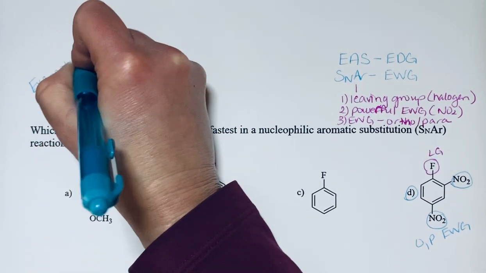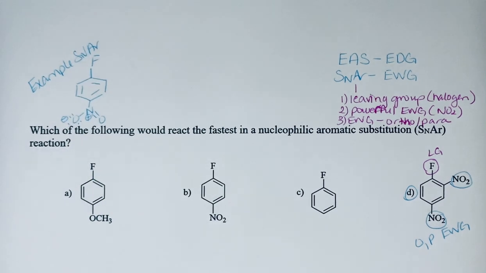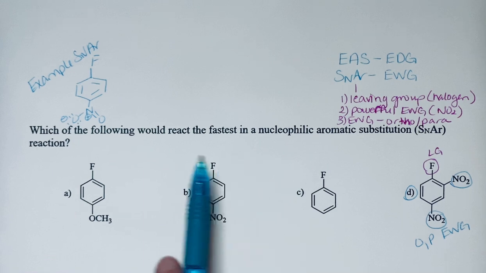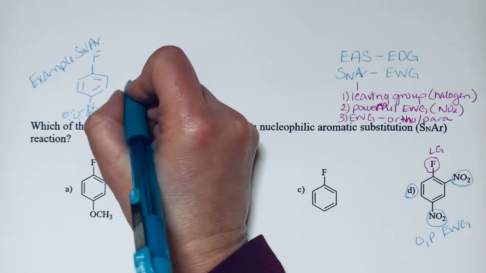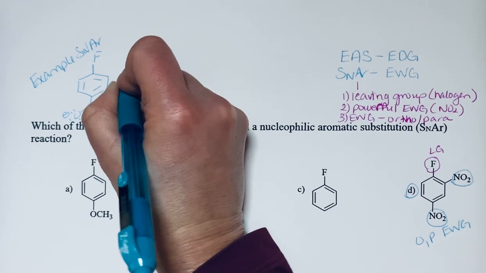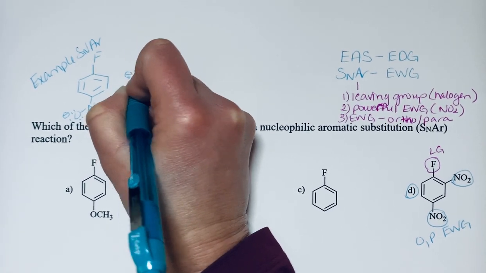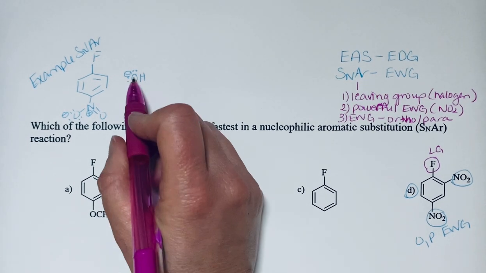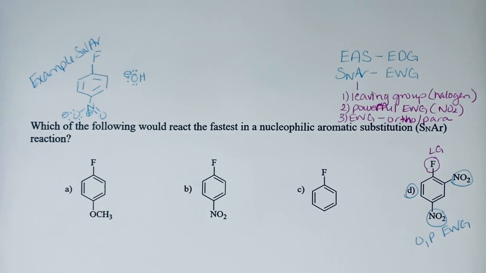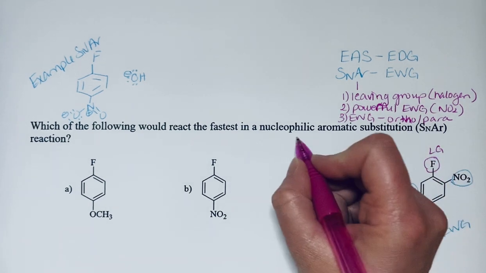So this is an example SNAr reaction. Like we said, the nucleophile we're adding just has to be a stronger base than what's leaving. So let's use hydroxide. Let's say we have a hydroxide ion. The way that this works is it is going to first add to the benzene ring. So in a nucleophilic aromatic substitution, you have this pathway.